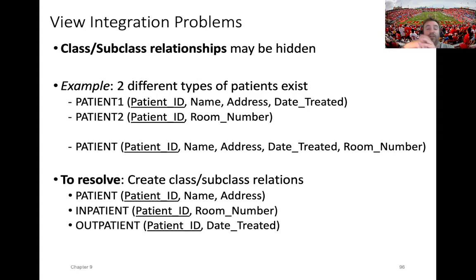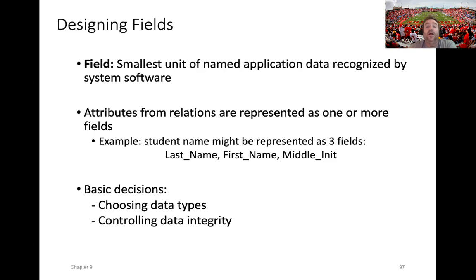So how do we fix it? We create class and subclass relations, and therefore we can see exactly that patient, inpatient, outpatient. So patient is our class, inpatient and outpatient are our subclasses. We would take patient ID, name and address, and for our inpatient we'd have room number, and date treated for outpatient.